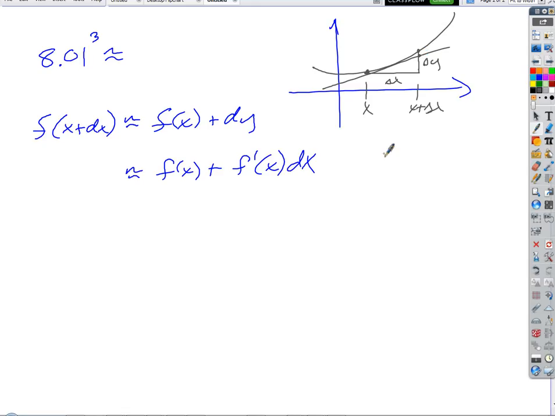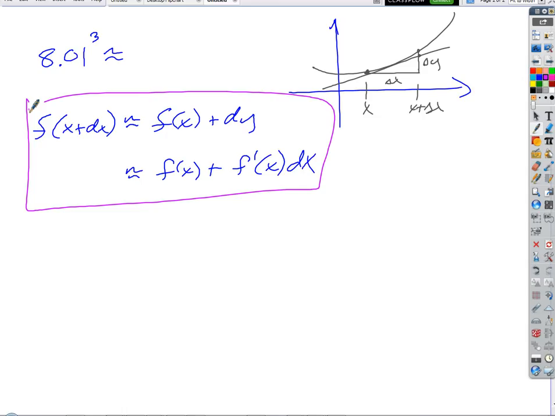Our original y value plus dy, right? This is the one thing that you kind of have to just remember from the picture. That's differentials in a nutshell, right there. So if we want to estimate something like this, then we just have to choose, and you want to really show off your geek skills, an appropriate value for x and dx and know what the function is.